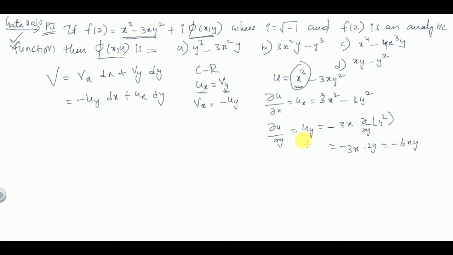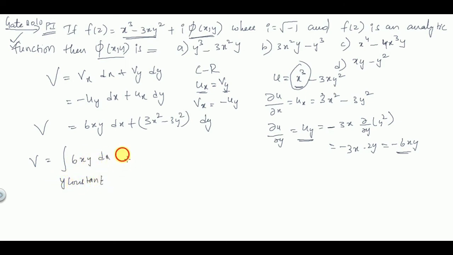But we need minus uy, so minus of minus 6xy is 6xy dx plus ux. Ux is 3x square minus 3y square dy. This is v. So v is given by the integral of 6xy dx, treating y as constant. I'm writing directly plus terms independent of x.